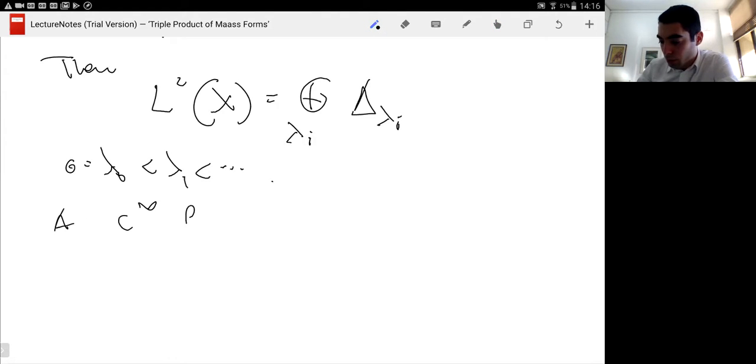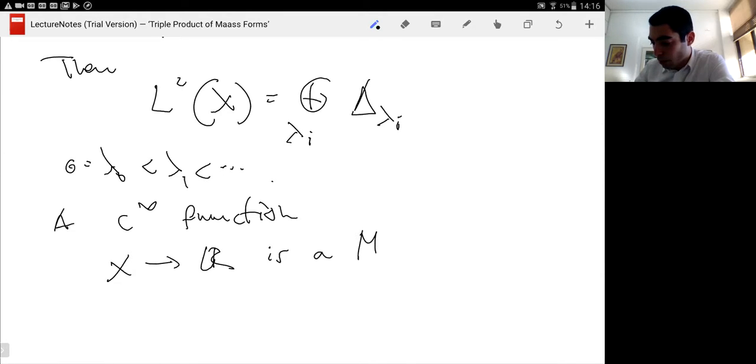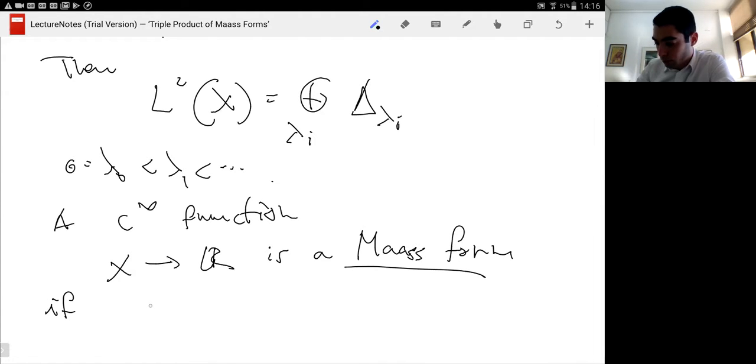A C-infinity function from X to R is a Maass form if it is an eigenfunction for the Laplacian.